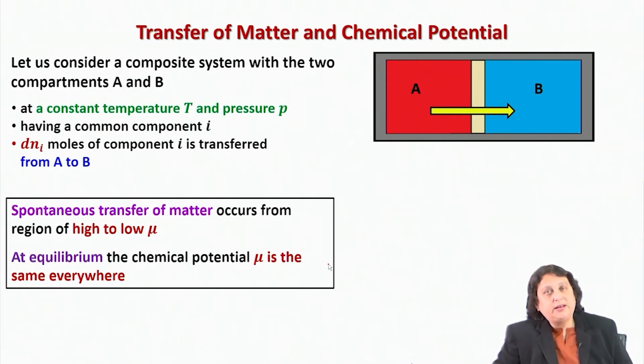When equilibrium has been achieved with respect to matter flow, the mu i value will be the same all throughout this composite system, irrespective of whether I'm looking at compartment A or compartment B.